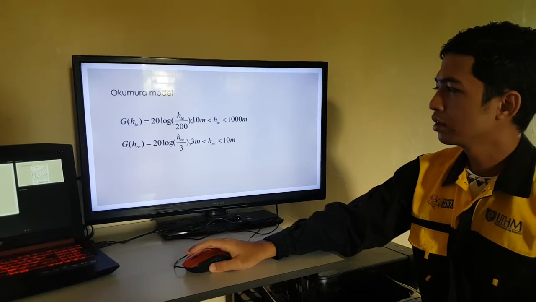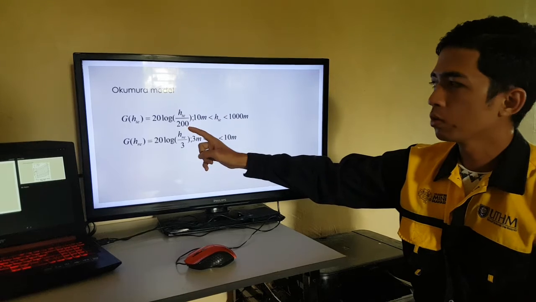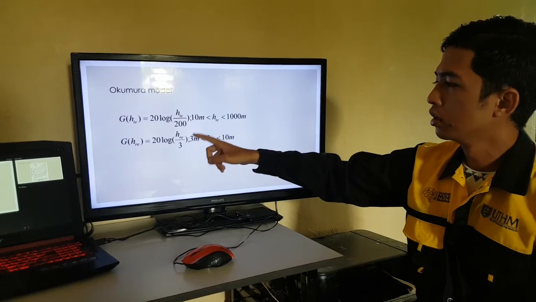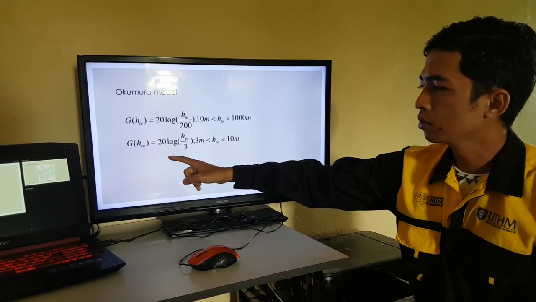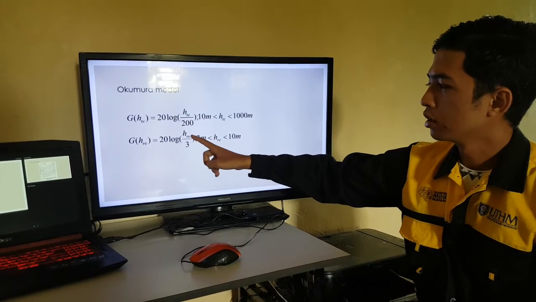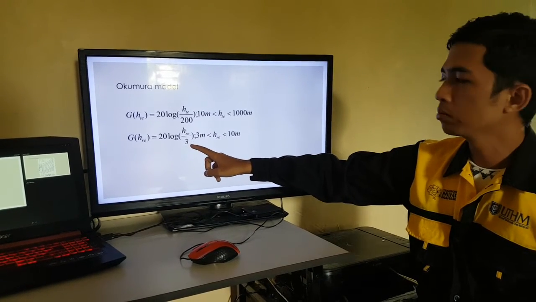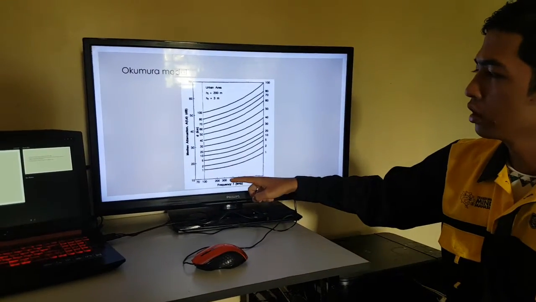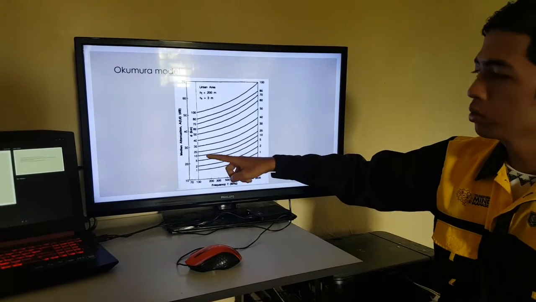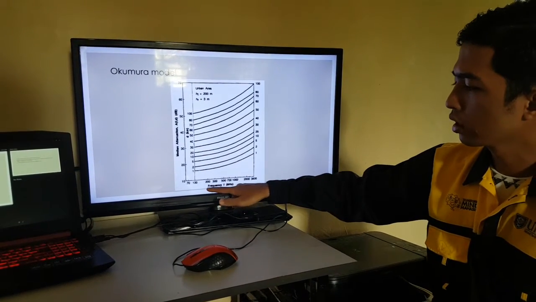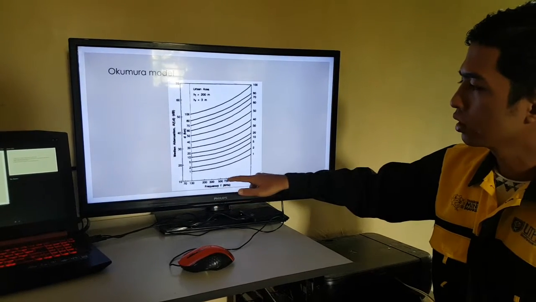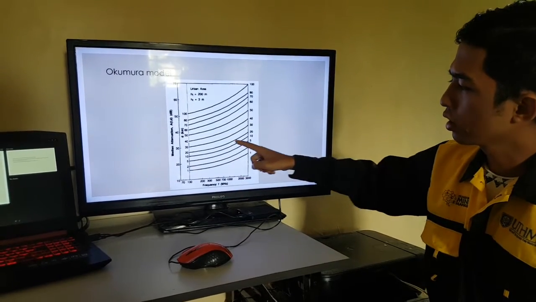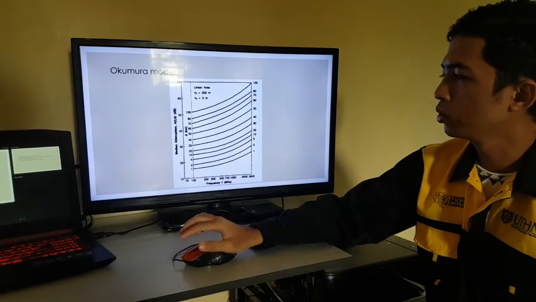GHTE we can get by using 20 log HTE, height of the transmitter, divided by 200, and GHRE by 20 log height of the receiver from ground, divided by 3. To get the median attenuation AMU, by using this graph, we can find the frequency of the signal and the distance in kilometers, and we can search for the value AMU.